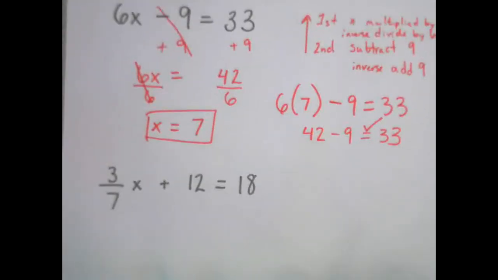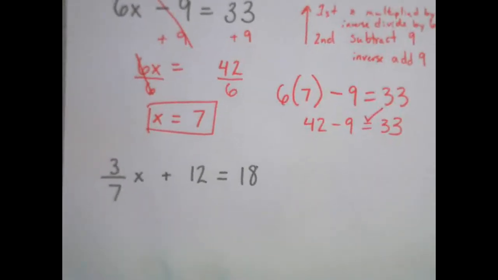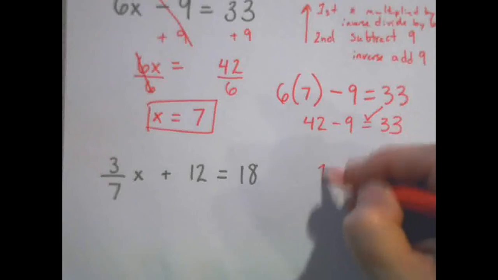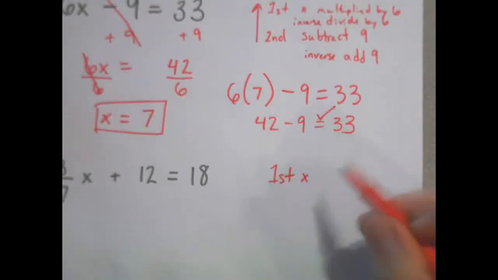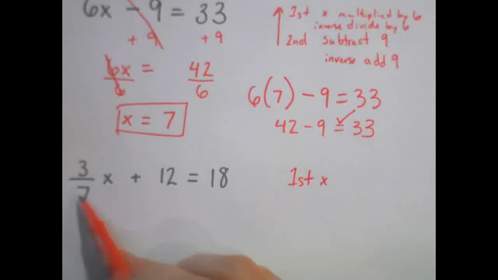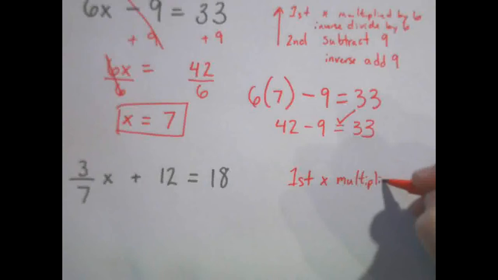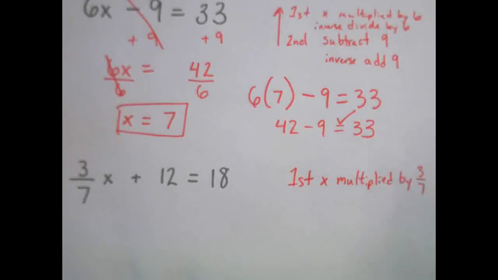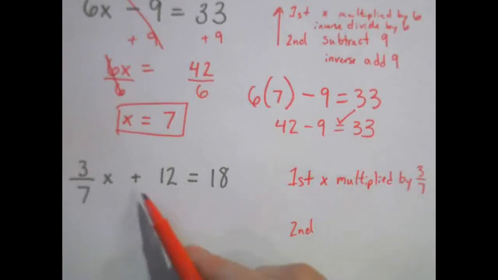All right, let's keep going, but we're going to amp the difficulty up because now I have a fraction. All right? Again, I'm going to backtrack. First thing happening to x is it's being multiplied by 3/7. Okay, and then the second thing is I'm adding 12.